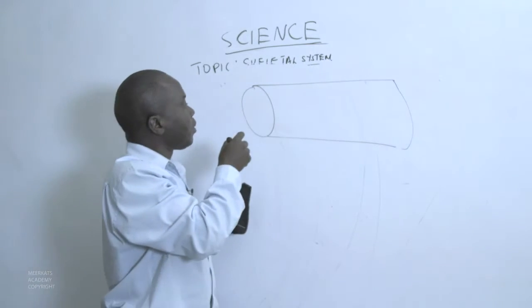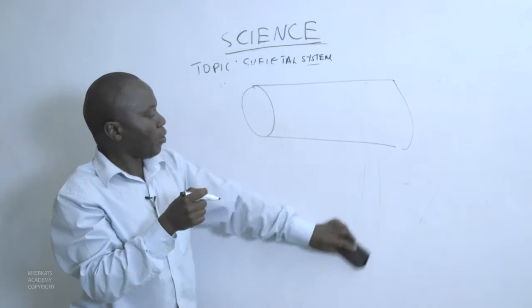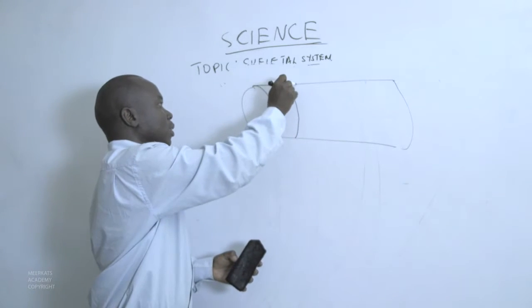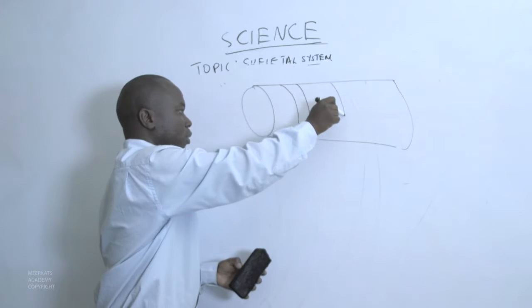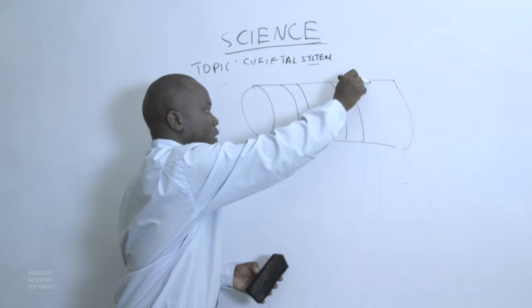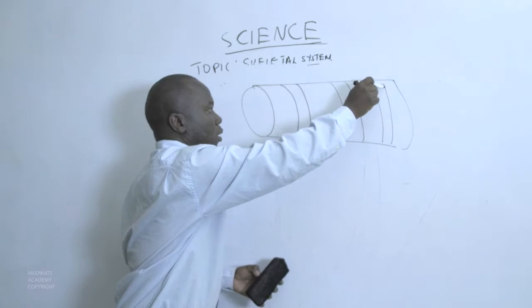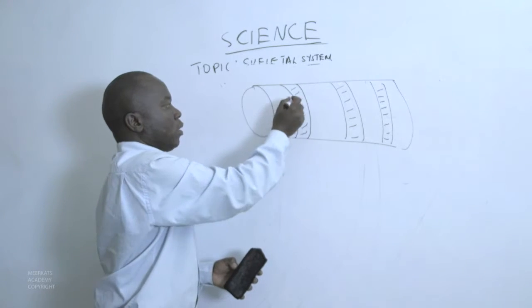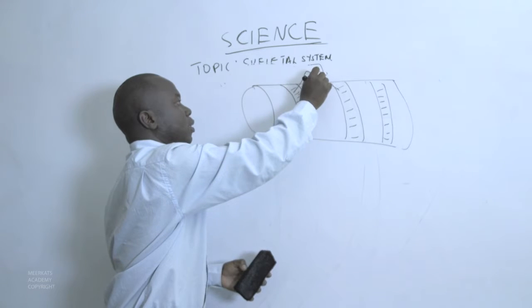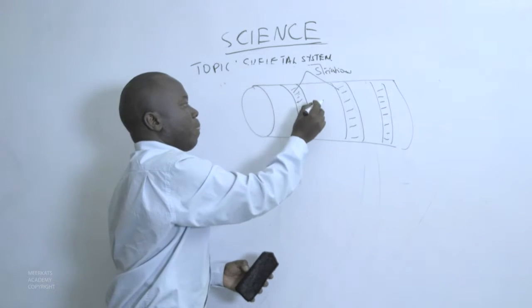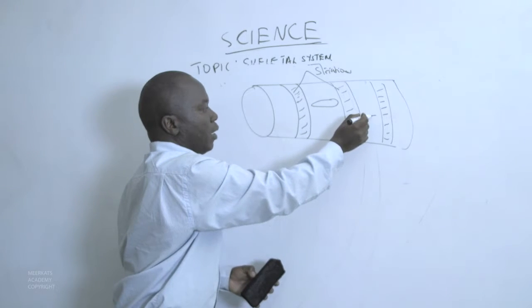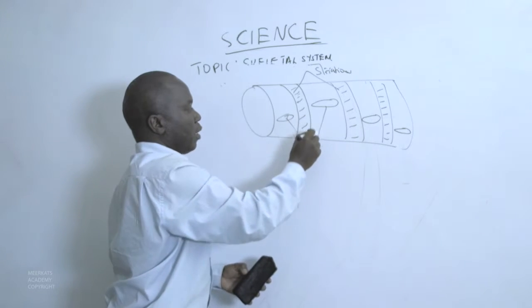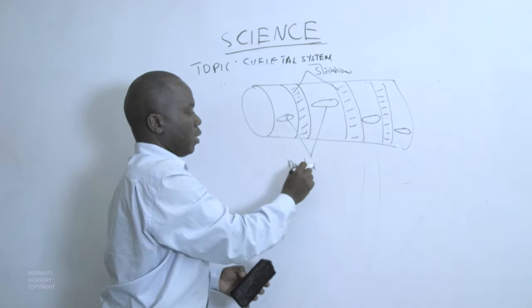So that's a magnified part of the skeletal muscle cell, but it has some crossings called striations. It is made up of many nuclei.